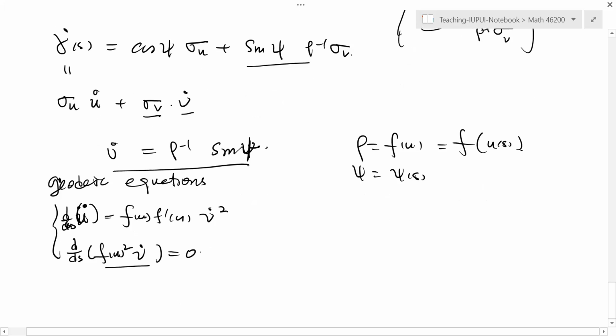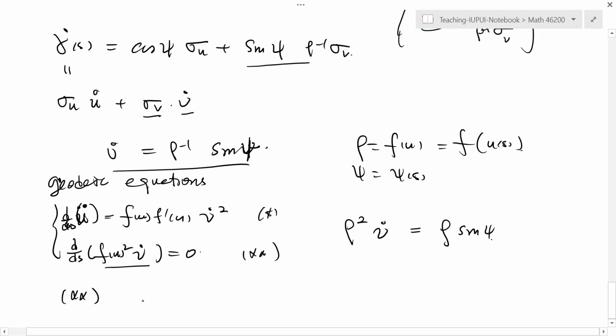That is equation one, and I multiply both sides by rho squared. So what I got here is rho sine phi. That's the star equation.